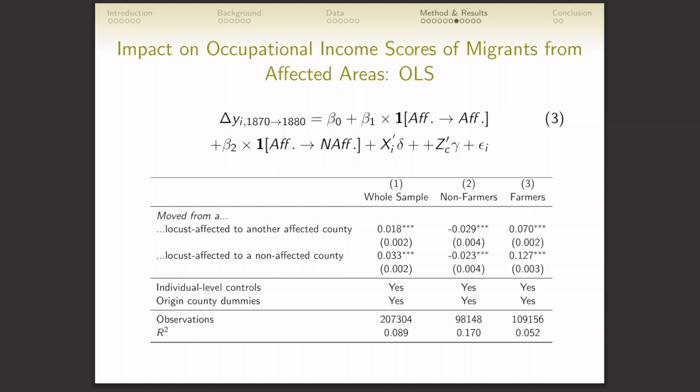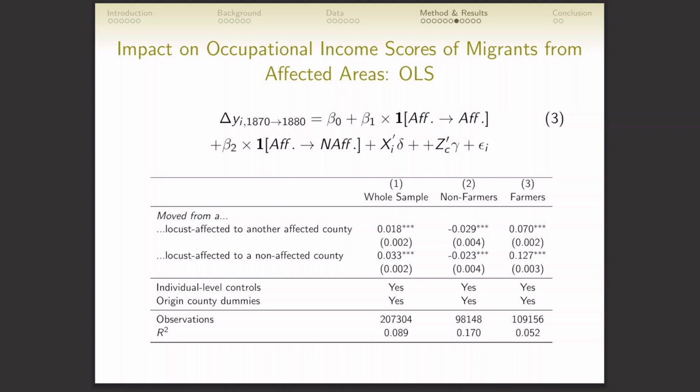But Aureli wanted to do it. So we tried to look at migrants that moved from affected areas relative to other migrants and relative to the ones that stayed, according to county of residence. We divided that up into moving from an affected to an affected county or from an affected to a non-affected county. Right, so this is OLS, no instrumenting.